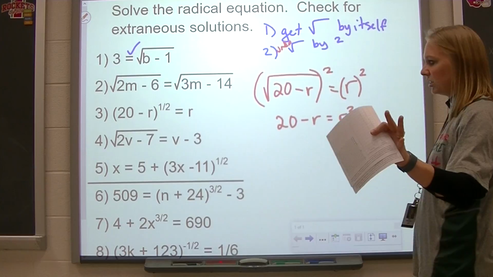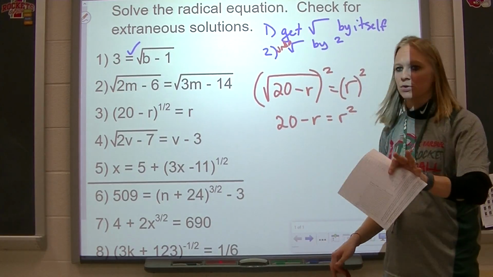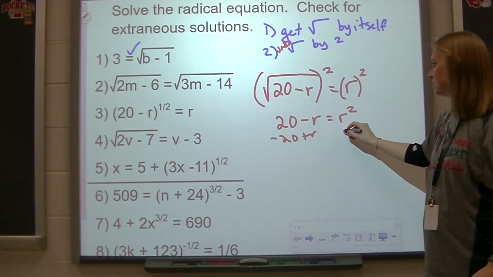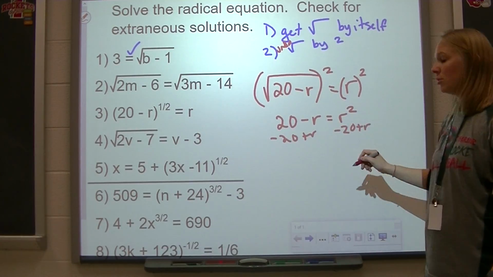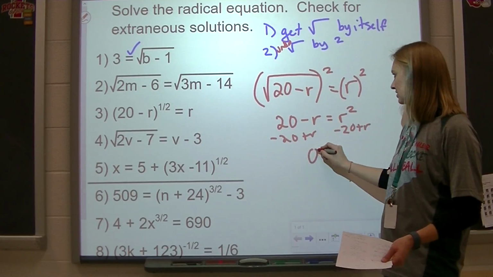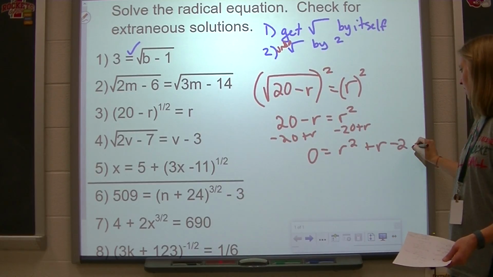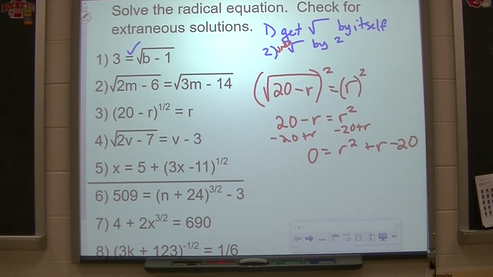Remember, when we solve a quadratic equation, we need to get the equation equal to 0. So I'll subtract the 20 and add the r to this side, and I'm going to write it in standard form. So it's going to be 0 equals r squared plus r minus 20. And then from here, there were many different ways we learned how to solve a quadratic equation.